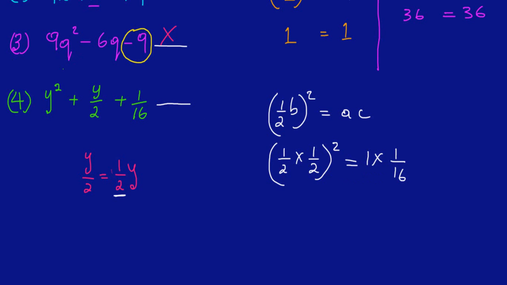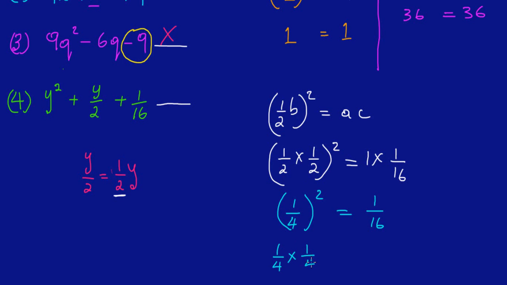So again I am going to say a half times a half will give me 1 over 4. Okay, and I'm going to square my 1 over 4, and that must be equal to 1 times 1 over 16, which gives me 1 over 16. Now I have a quarter squared, so I must multiply a quarter by itself.